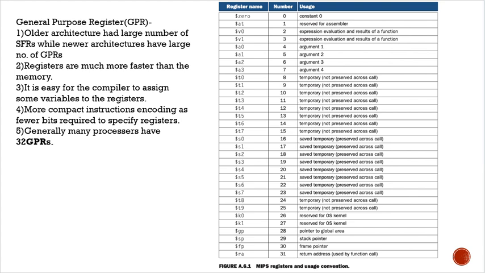So generally most of the processors have 32 GPRs, and MIPS 32 also has 32 GPRs.